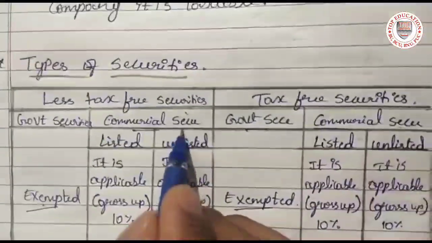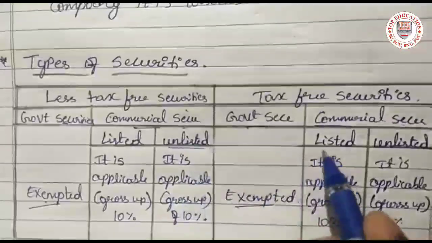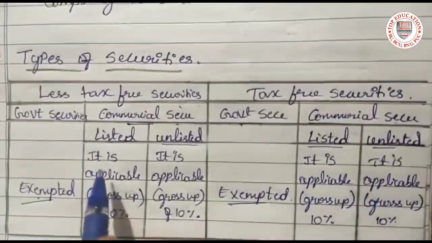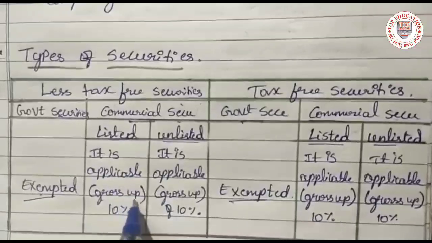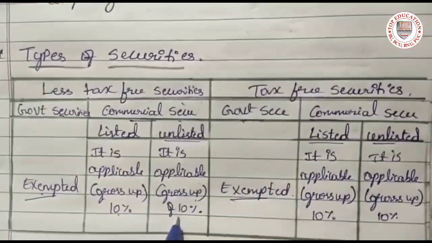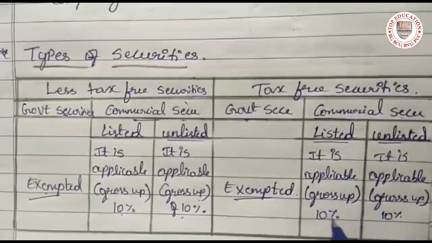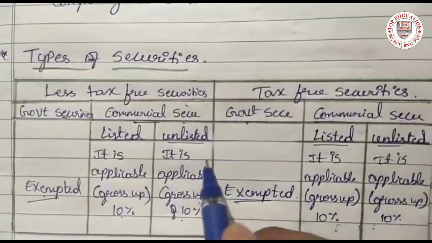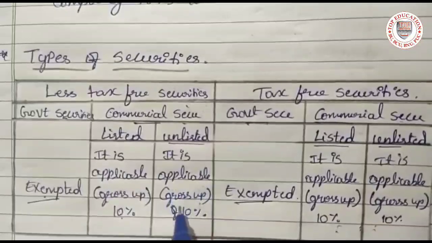In commercial securities, it is listed and unlisted. It is applicable and we should gross up for 10% for both. If it is listed also and if it is unlisted also, we have to gross it up by 10%.